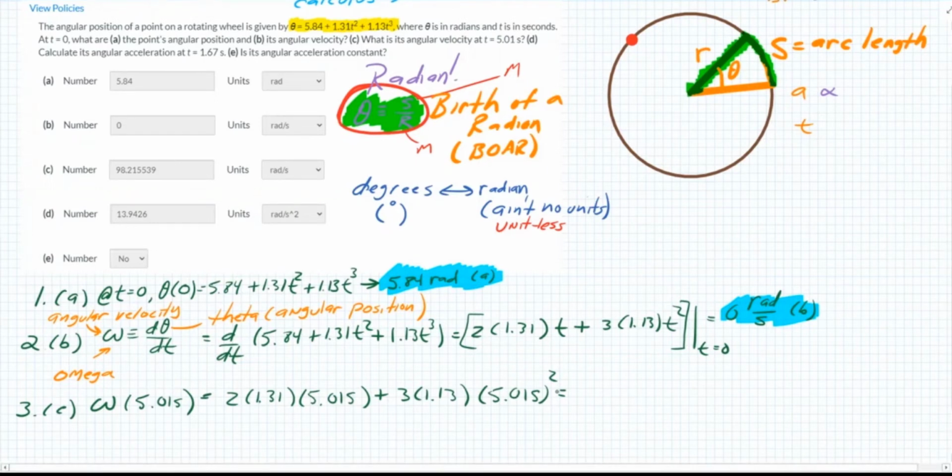Okay, 98 and some change. Technically, my calculator value varies a little bit compared to Wiley. I'm definitely within that 2%, and the answer here would be radians per second.